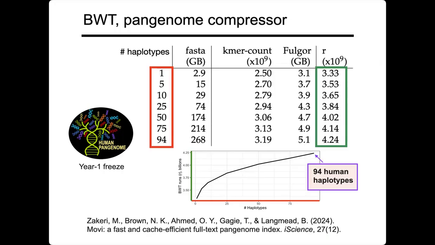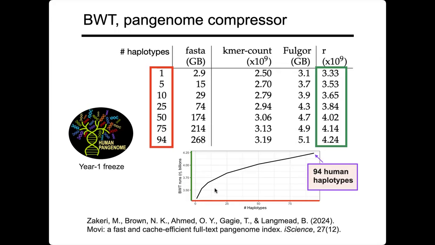And so as we add more haplotypes, the amount of data that we're putting in is going up linearly with the number of haplotypes. And then if we look at the number of runs in the Burrows-Wheeler transform, it's going up sublinearly. It's going up more slowly. So you can picture that down here, right?